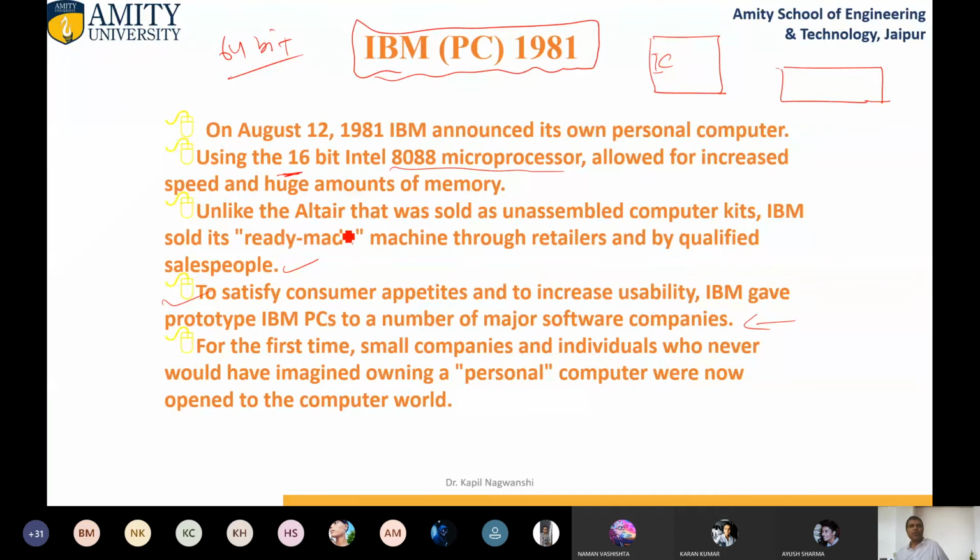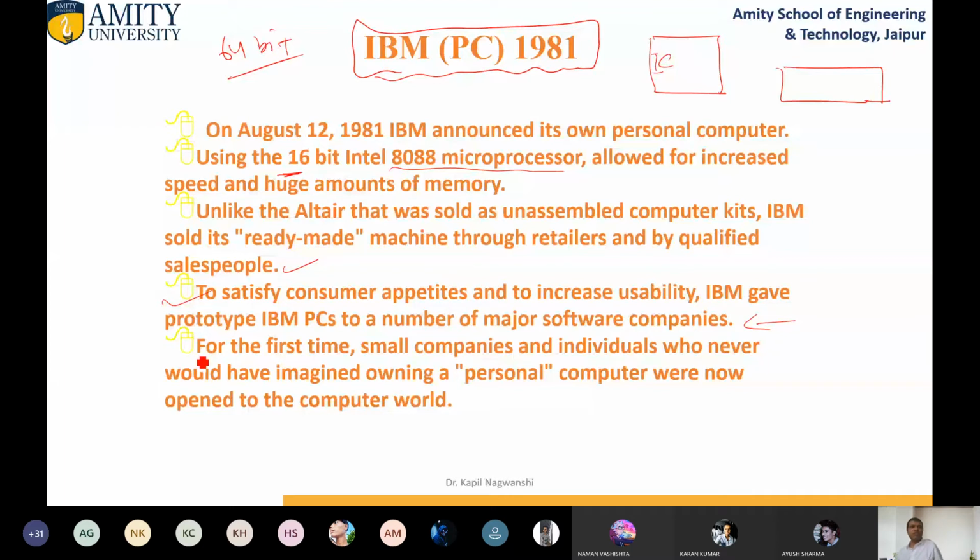Unlike the Altair, which was sold as unassembled computer kits, IBM sold its ready-made machine, meaning the display, keyboard, and storage were all there, through retailers and by qualified salespersons, because we need to explain everything: how to use it and what programs we need to install for this particular system. Before 1984, the concept of an operating system was very small.